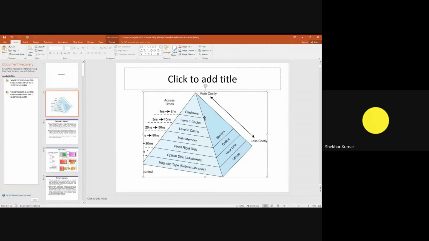Okay, first one is your registers. Registers are small, high-speed memory units that are located in the CPU. These registers are directly accessible by the processor. In the locality of reference, registers come in the first place.